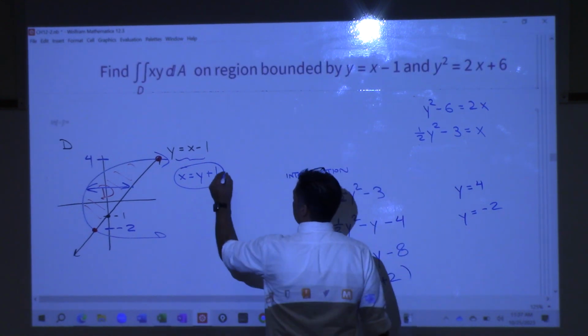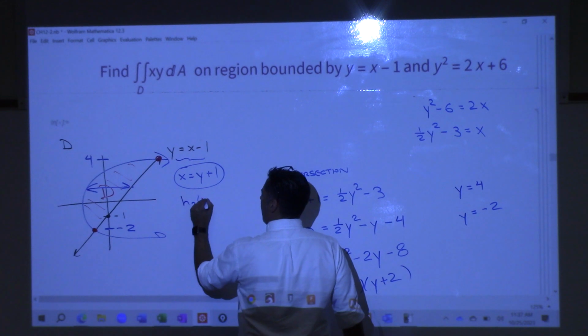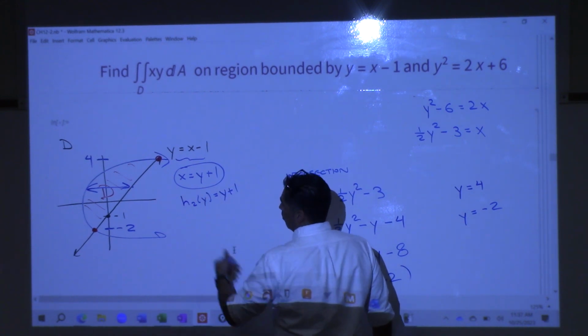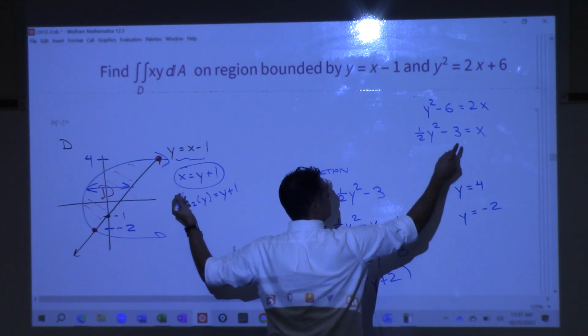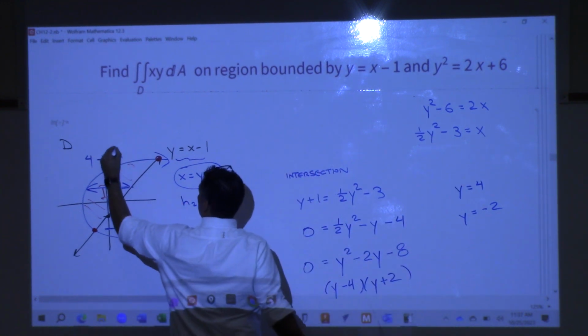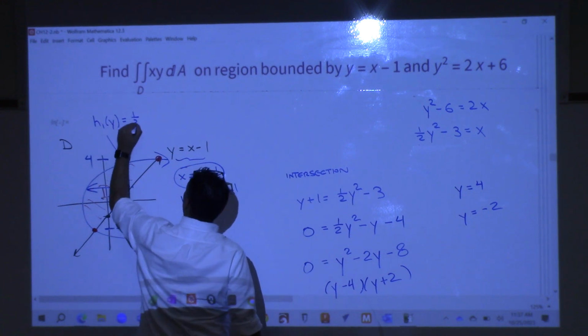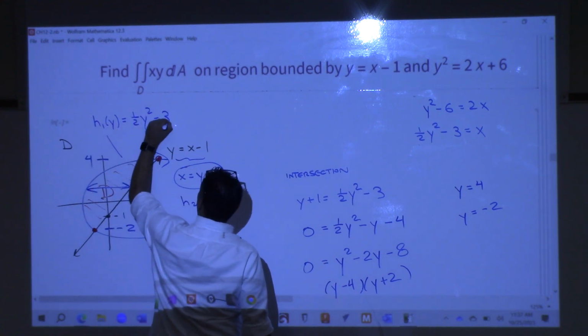So h2 of y is equal to y plus 1. And then the parabola, which was that one, solve for x. Call that h1 of y. This one is 1/2 y squared minus 3.